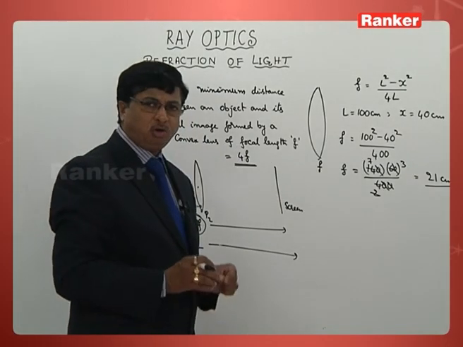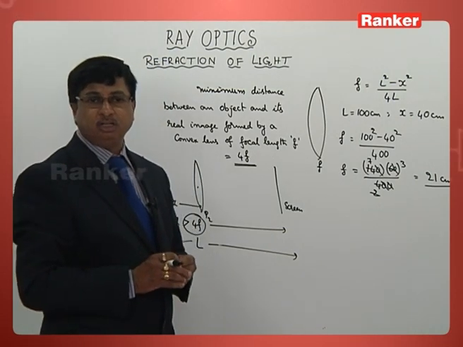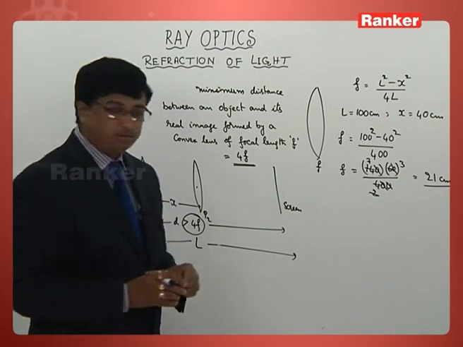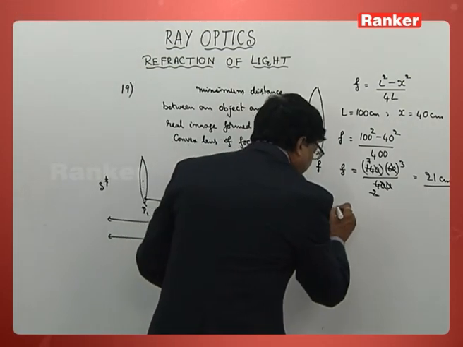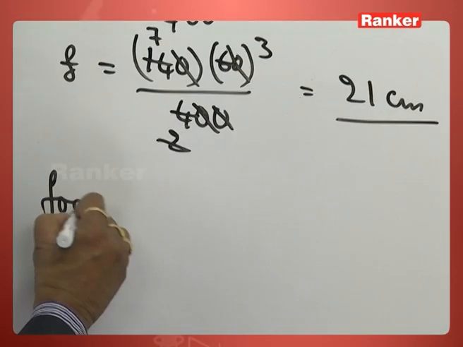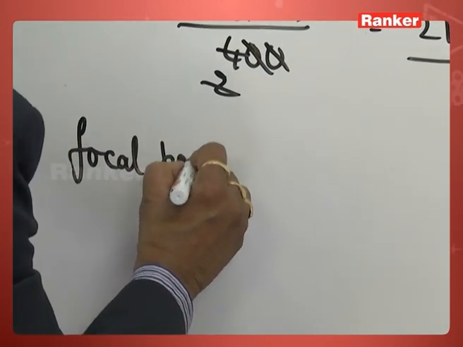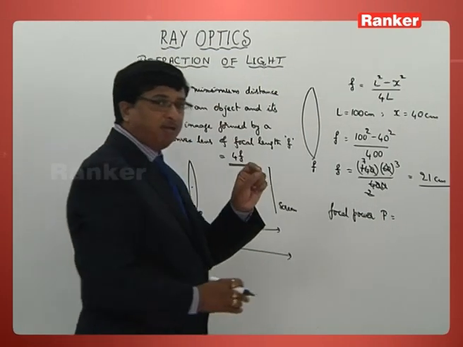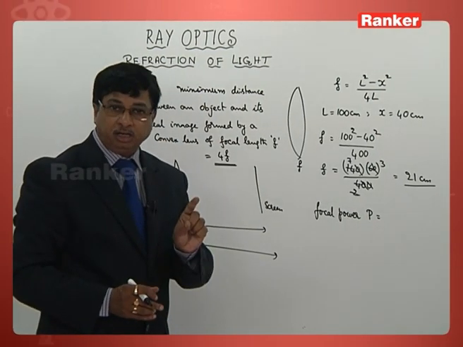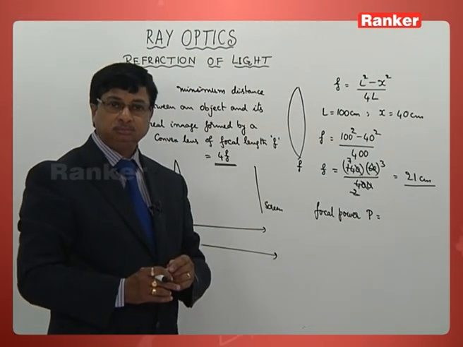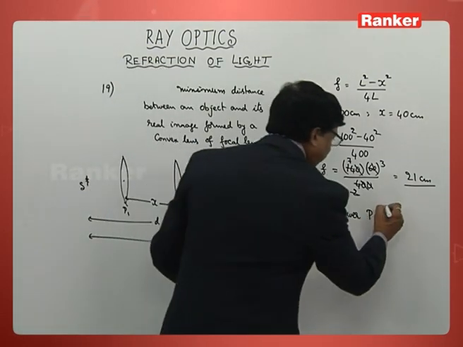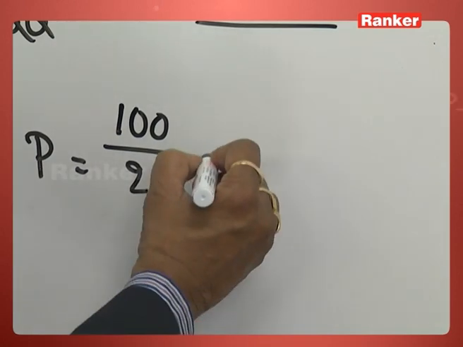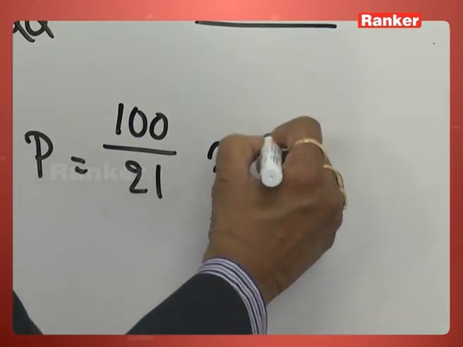But in fact, I don't want the focal length to be calculated in this problem. He is asking about the focal power. So focal power P can be written as 1 by focal length taken in meter. You can directly write the same this way, 100 by 21. So it is nearly 5 diopter.